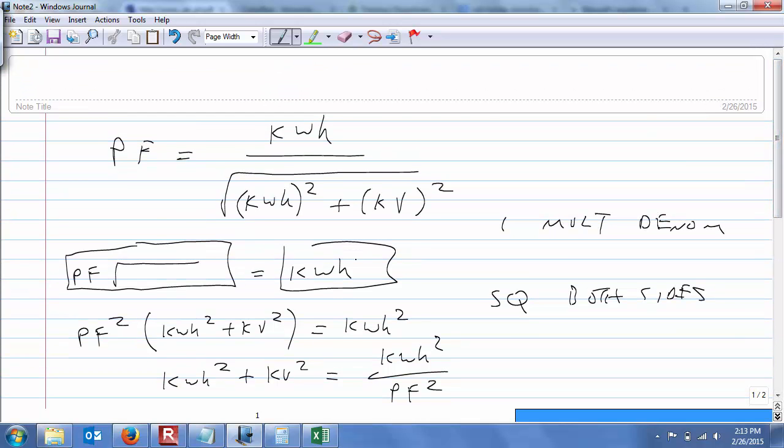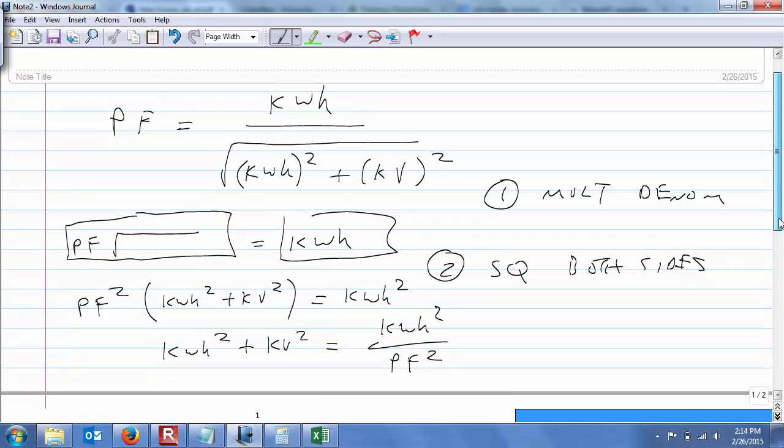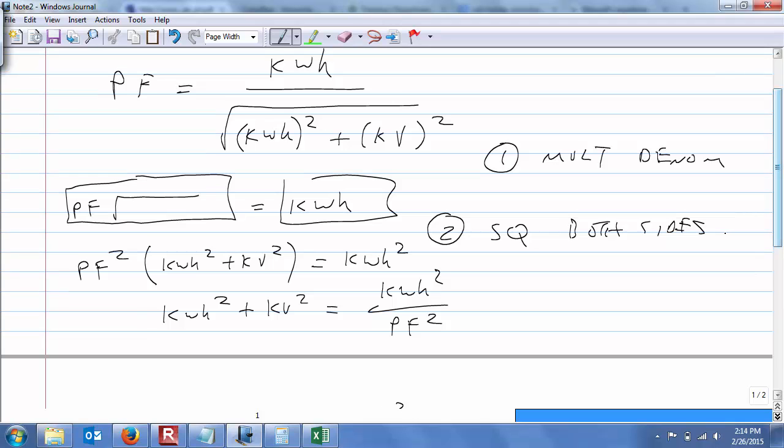So just to review, I multiplied both sides by the denominator. That's step one. Step two, I squared both sides. There's my little denominator, it pops back out without the square root sign. Step three was divide by power factor squared.